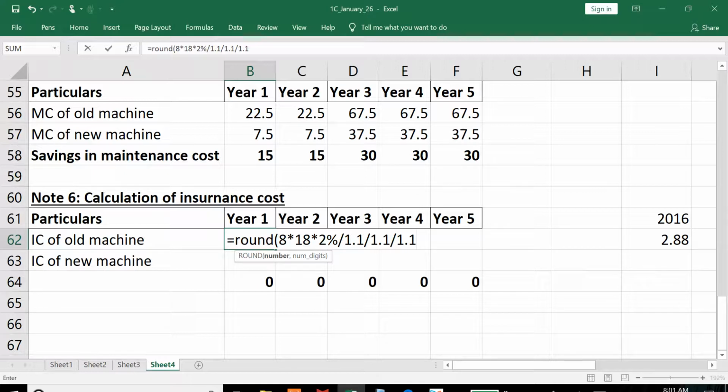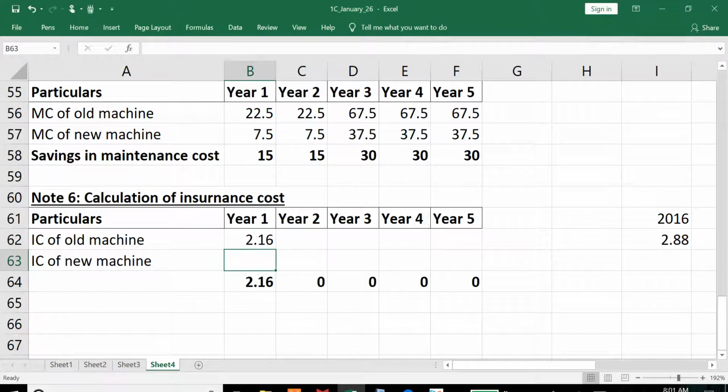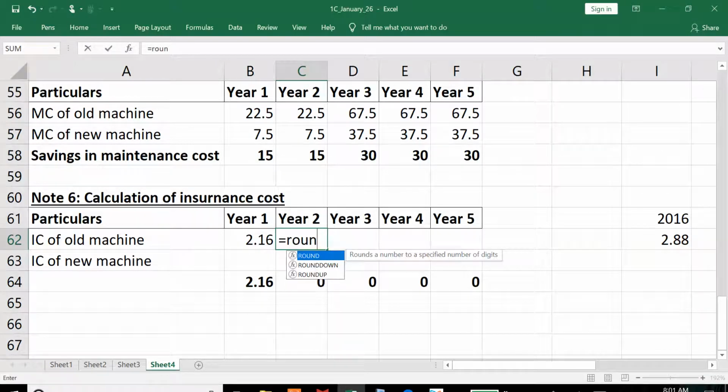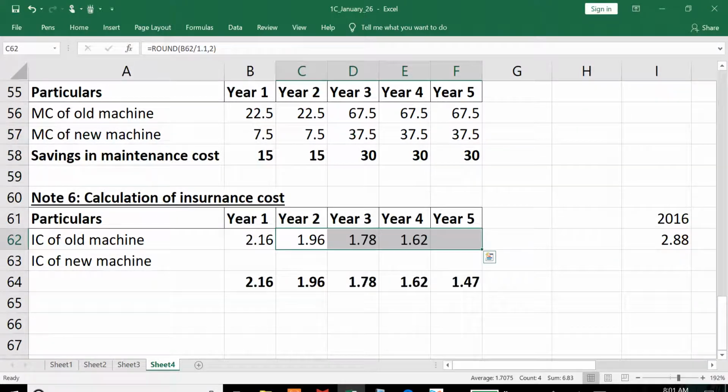If you divide by 1.1, you get the second year premium, another 1.1 gives you the third year premium, another 1.1 gives you the fourth year premium. Technically we are doing the calculation for the fourth year.